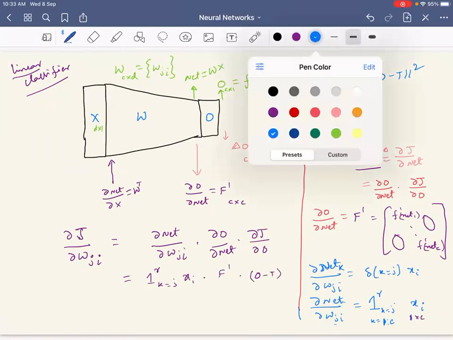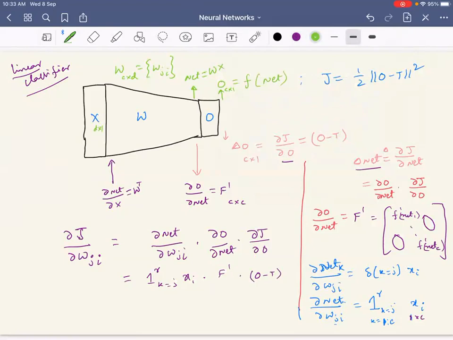Let me write the dimensions: C cross 1 are the dimensions. Agreeing? So overall ∂J/∂Wj, what is the dimension? This can also be written as ∂J/∂Wj. As we define, any delta means it is with respect to the loss function.